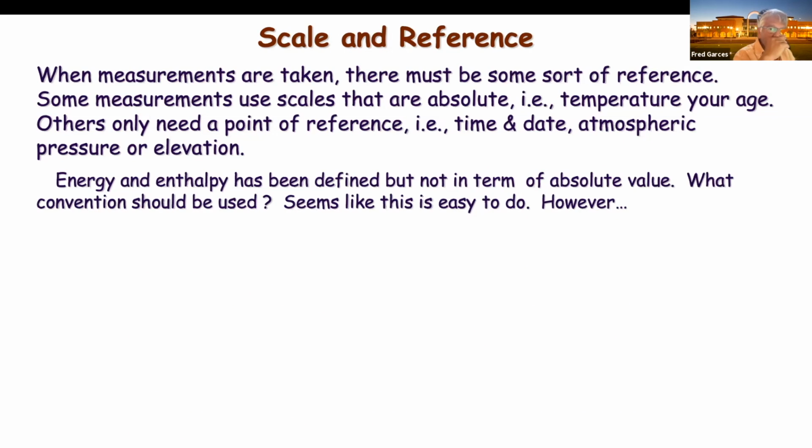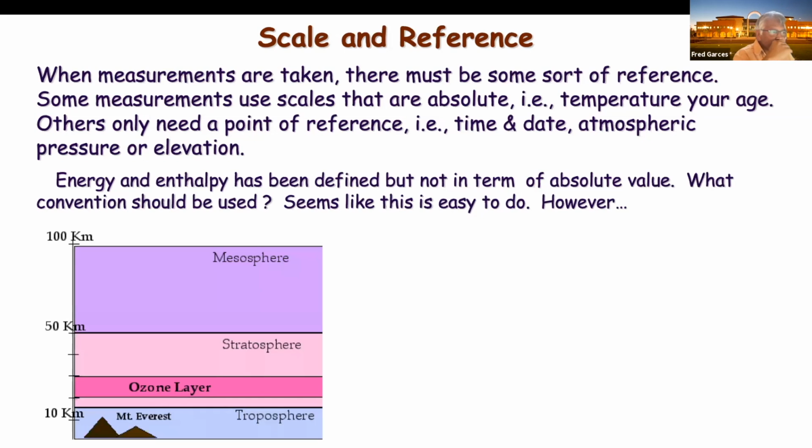A lot of times what we do is we measure these energies, but we don't have an absolute scale. What do I mean by that? The way we define elevation, for example, on this planet is based on sea level, right? If we are so many feet above sea level, then that's our elevation.